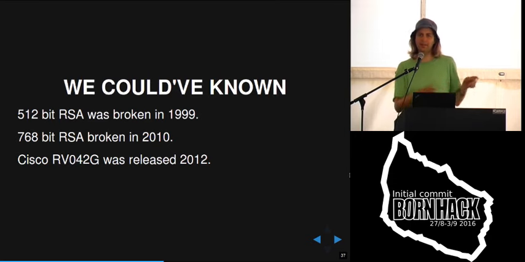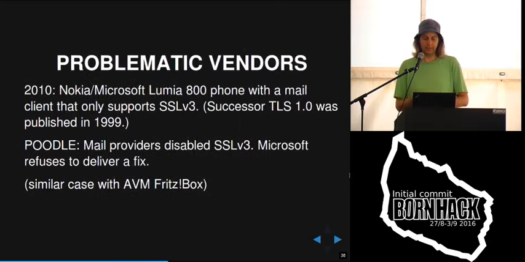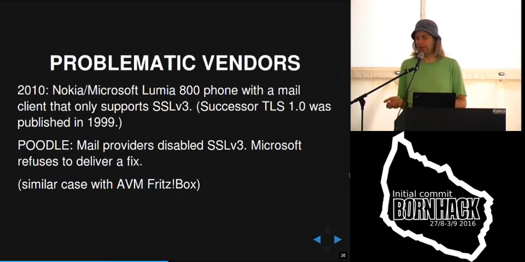So since 1999, it was basically obvious that these small Diffie-Hellman groups are a security risk and shouldn't be used. And still Cisco, 13 years later, published a new product that's only supporting these small Diffie-Hellman groups. And things like this happen all the time.